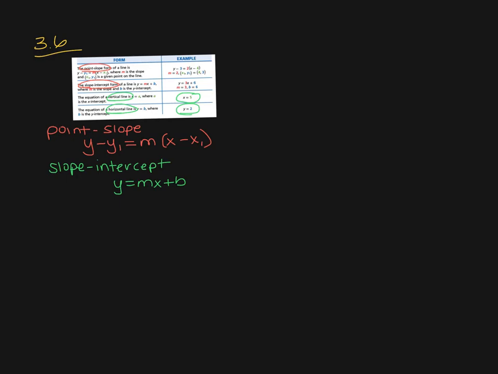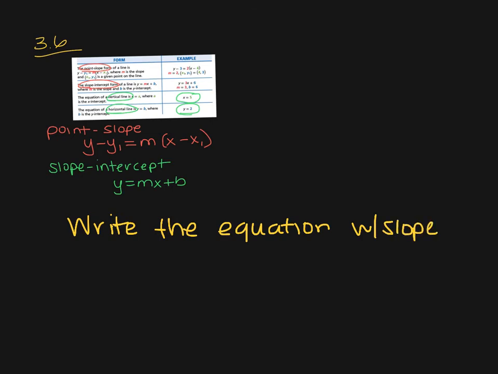So if it said write the equation with slope, let's say -3, and point (2, -8), and put it in point slope format.